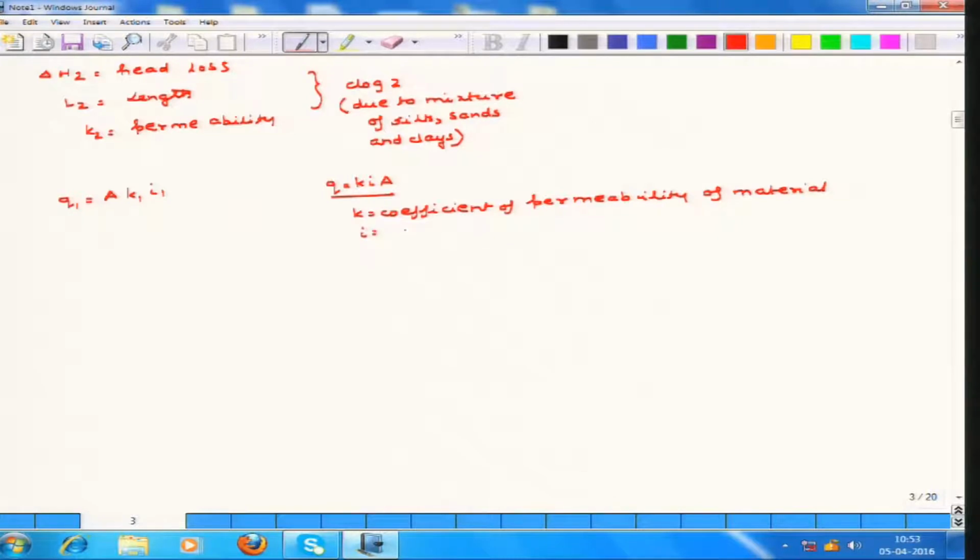I is the hydraulic gradient, which is equivalent to H by L, where H is the head loss over the length L, and A is the area of cross section of the material.